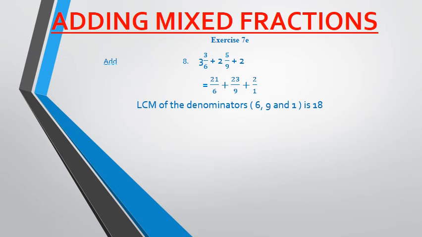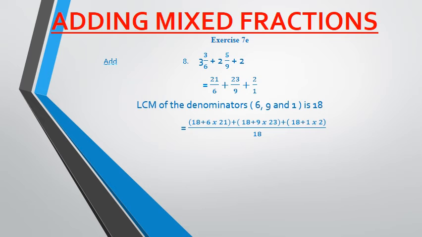Now the sum of these three fractions is equal to 18 divided by 6 multiplied by 21 plus 18 divided by 9 multiplied by 23 plus 18 divided by 1 multiplied by 2 upon 18, where 18 is the LCM of the denominators.